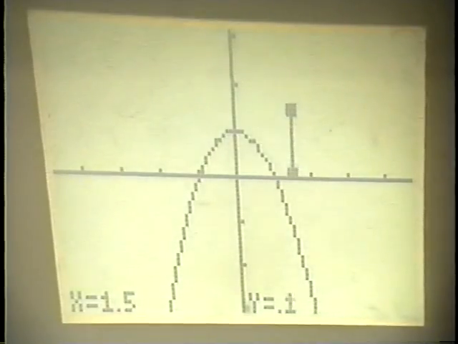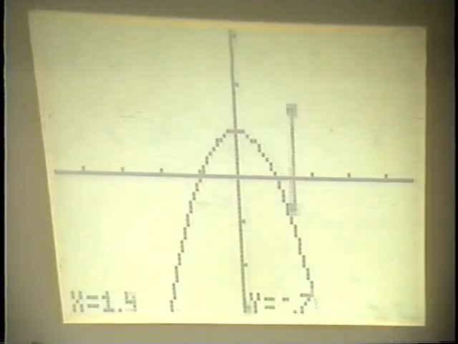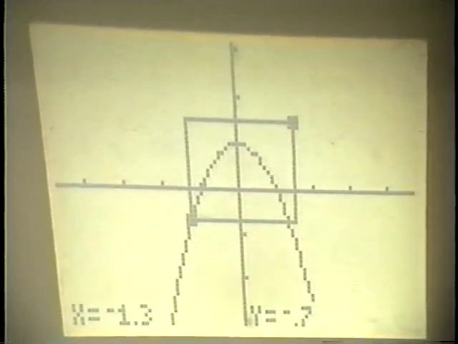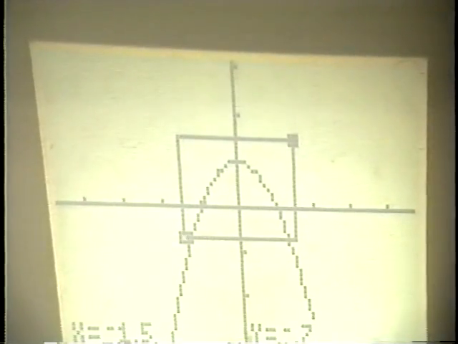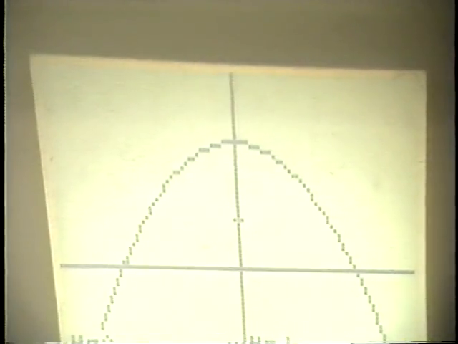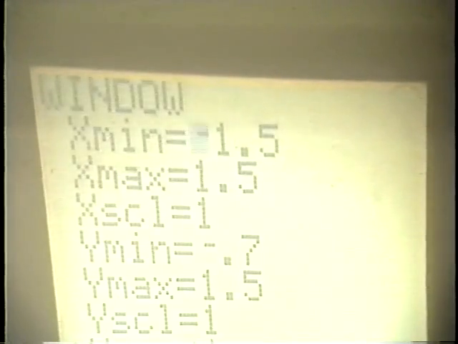So let's say I want to show this part, and then move to the left. This is the new viewing window. Now hit enter. It redraws the graph in this new viewing window, which I got from ZBox. If you hit window, you will see it has changed.